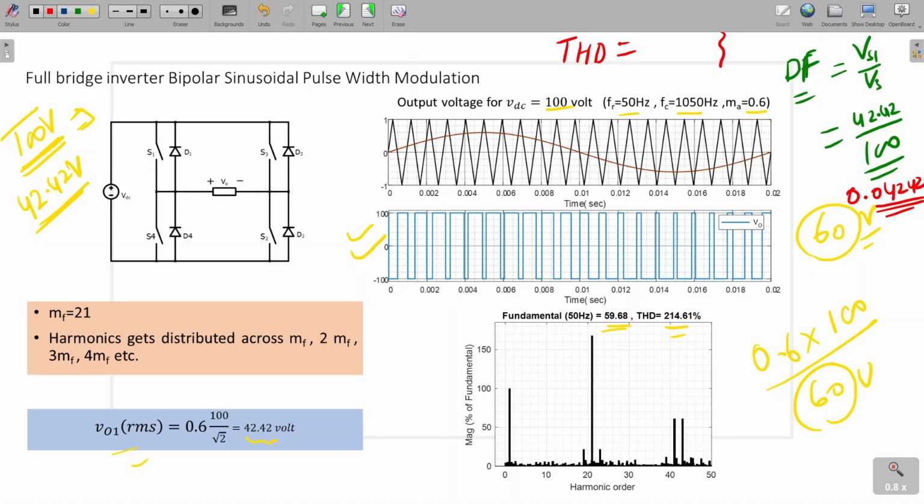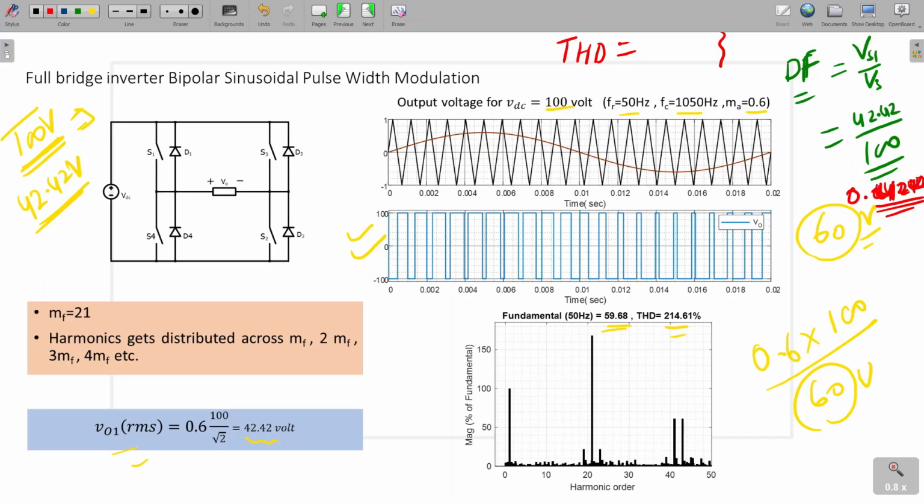Are we getting the same thing or different? One second. I'm getting 23.55. Anyone got this value? I think I have made some mistake here. It will be 0.4242.